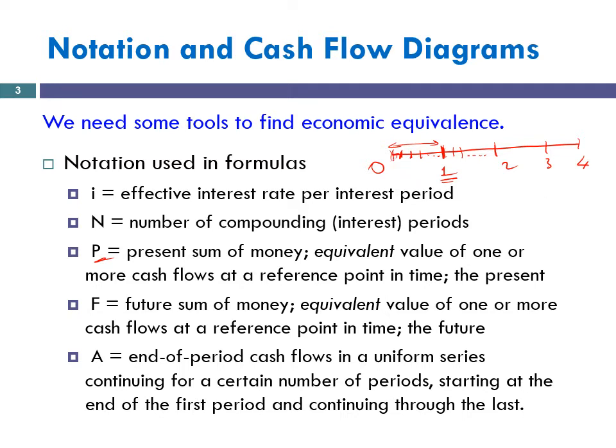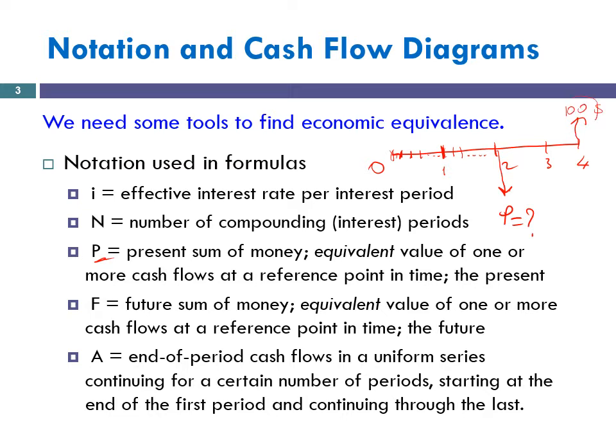Sometimes we will have such cash flows. We will be currently at time 0, and then we will consider a cash flow at this time. We will find an equivalent cash flow, for example, at the end of year 2, that we know the amount in year 4 is, let's say, $100.